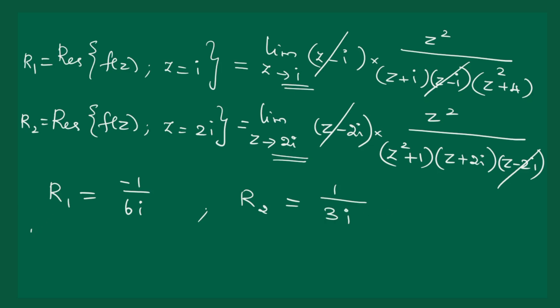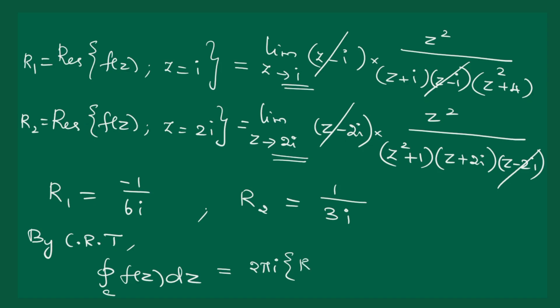Clear? Now according to the Cauchy residue theorem, the integral over C of f of z dz is equal to 2 pi I into the sum of residues. Sum of all residues means here R1 and R2, only two residues. So the answer will be 2 pi I into minus 1 by 6I plus 1 by 3I. Clear?